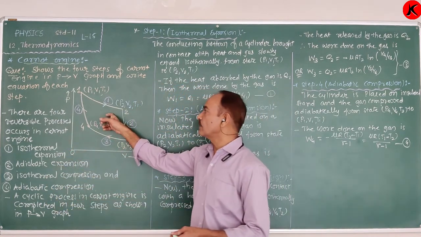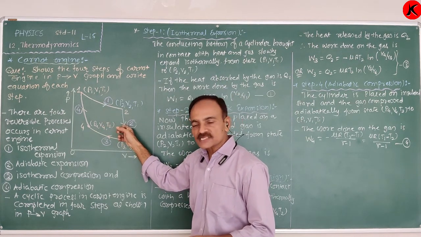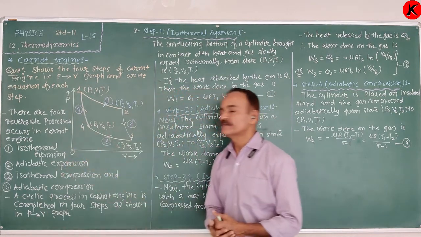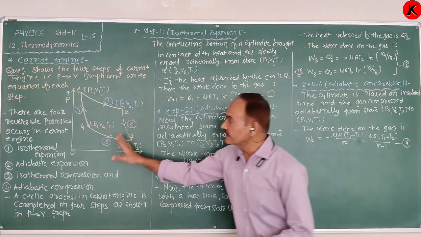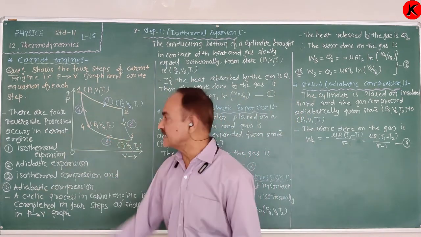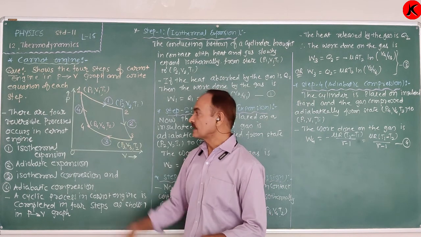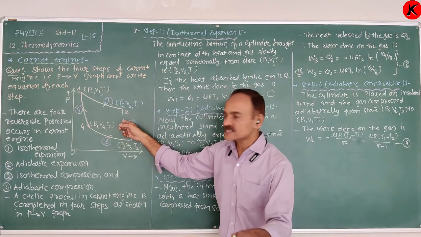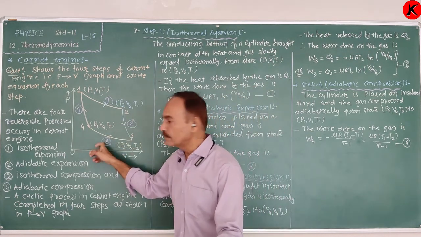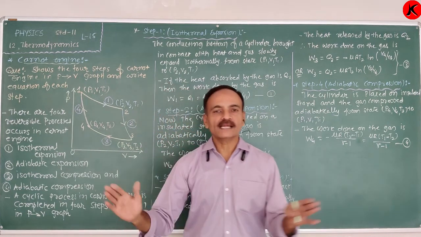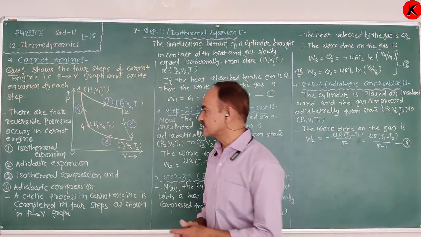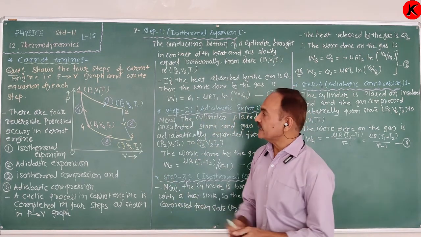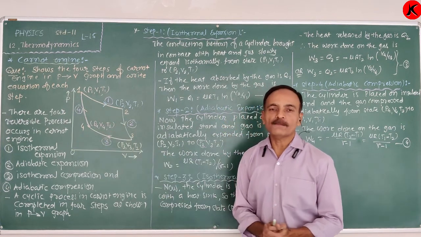One is isothermal expansion, second is adiabatic expansion, third is isothermal compression, and fourth is adiabatic compression. These are shown in the figure. Clear this? Okay. The cyclic process in the Carnot engine is completed in 4 steps shown in the P versus V graph.